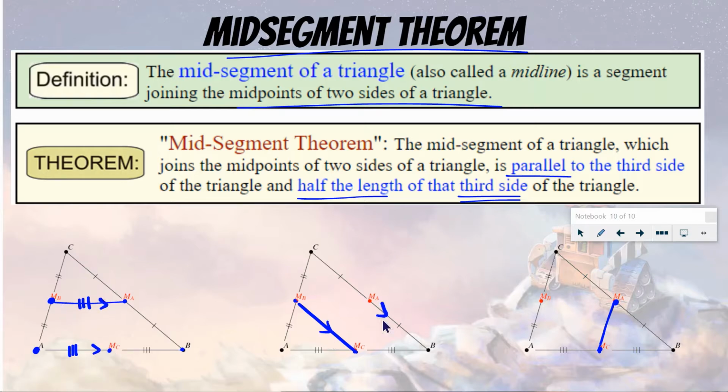This one is parallel to that and congruent to half of that length. And this midsegment is parallel to that third side and congruent to half of its length.